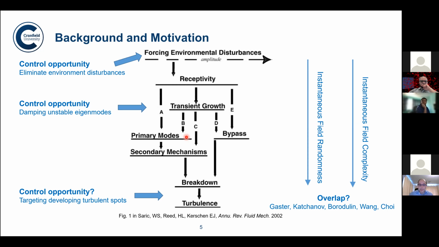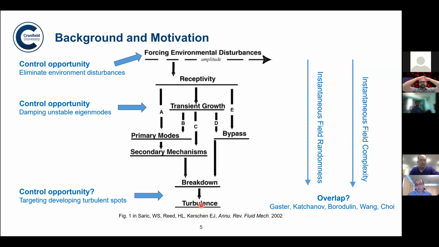If so, there might be an opportunity for a new approach to control, looking more towards the latter stages of the transition process. That poses a question about how much ability there is to backtrack with the flow. But it's also a more general approach, because the different routes to transition all have that process in common: the appearance of spots, their growth, and their interaction to form fully turbulent flow.